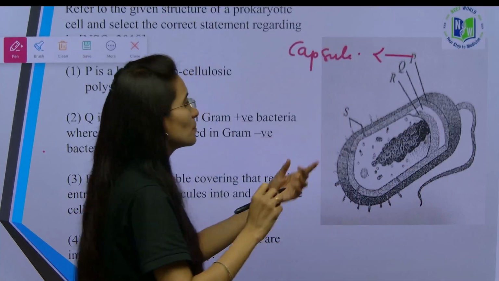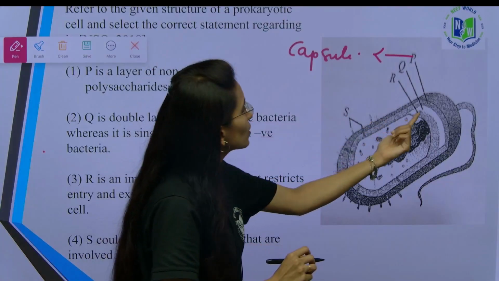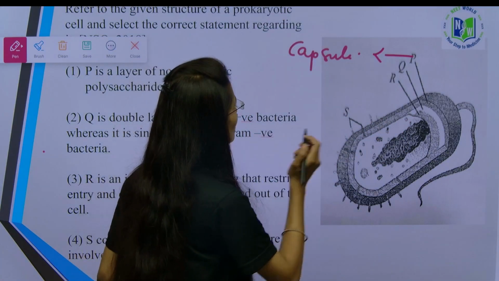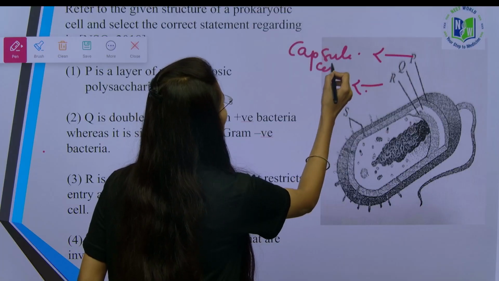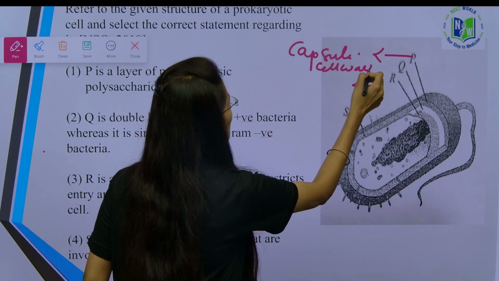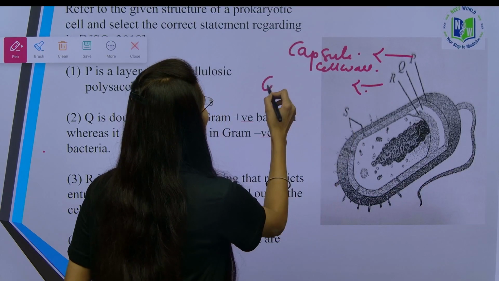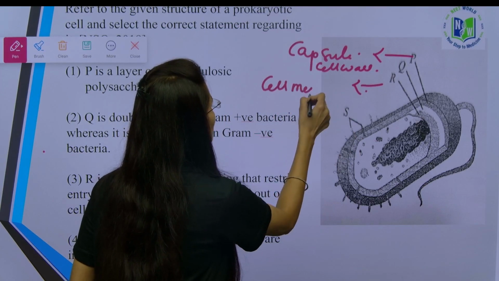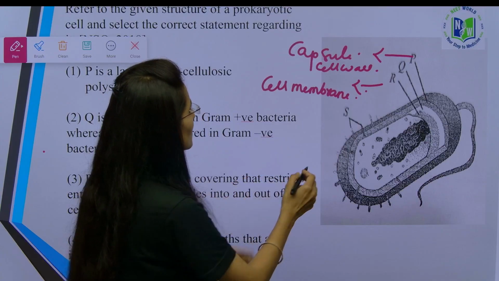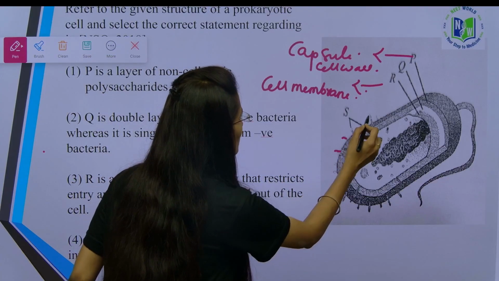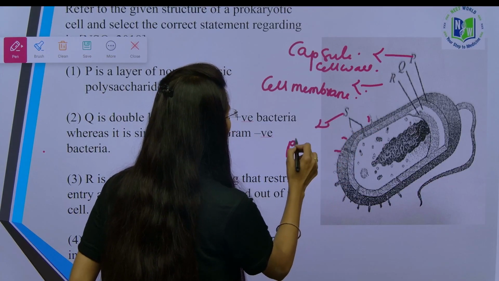First, let us label all these parts. Next, what is Q? Q is a cell wall and R is a cell membrane or plasma membrane. And what is S here? These outgrowths are the pili.